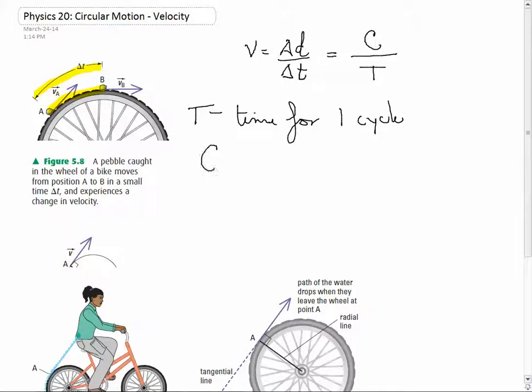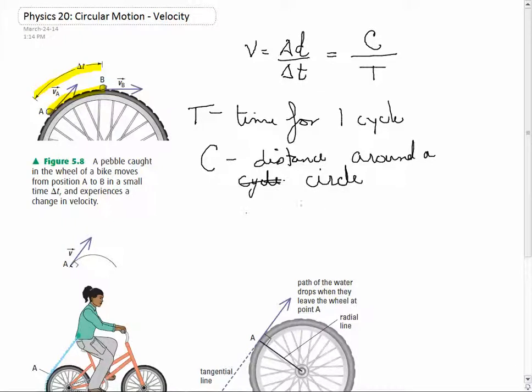And remember, the circumference is the distance around a circle. Not cycle, circle.